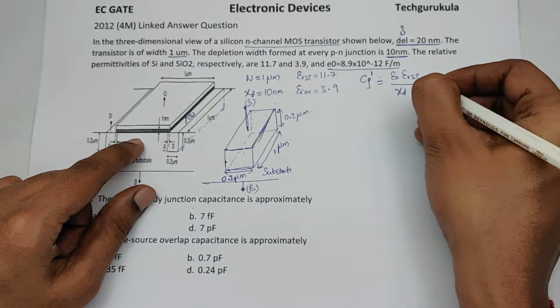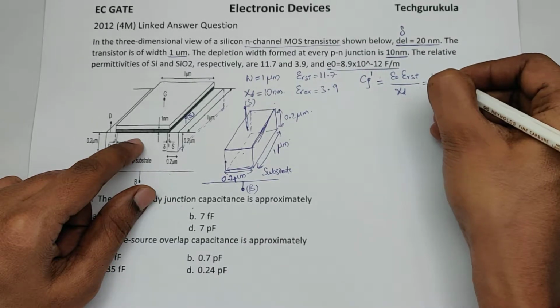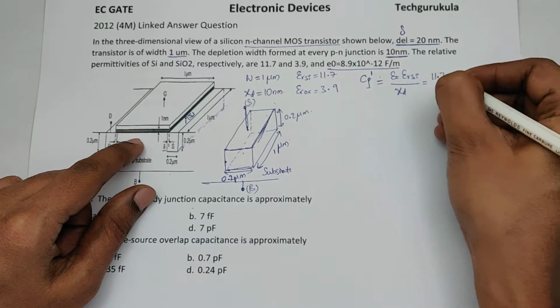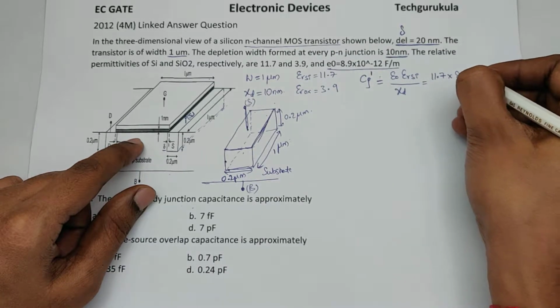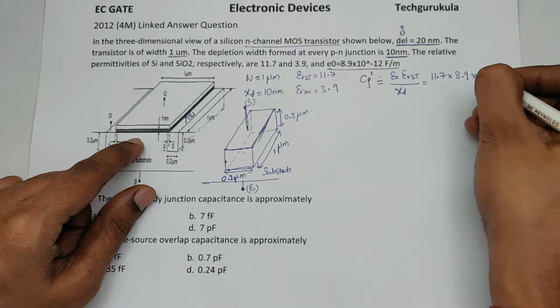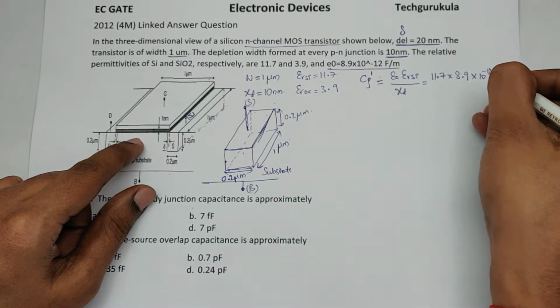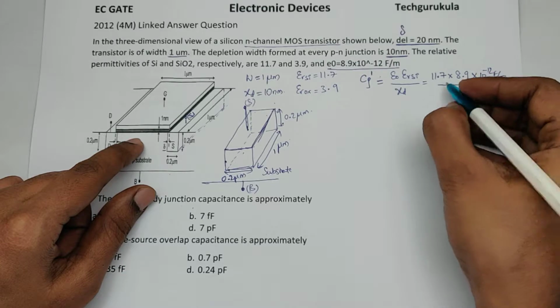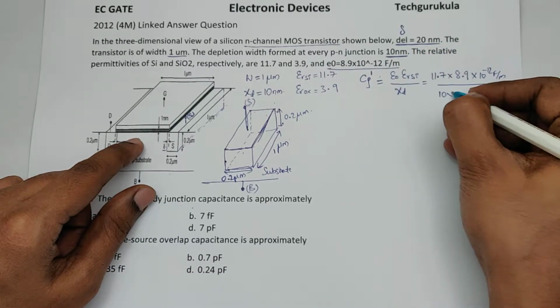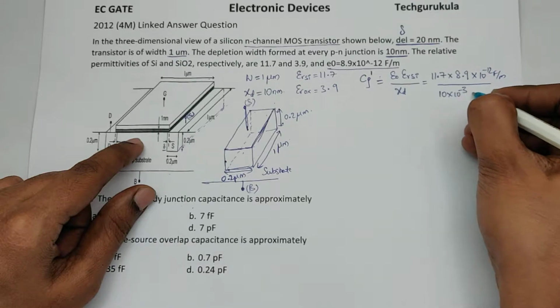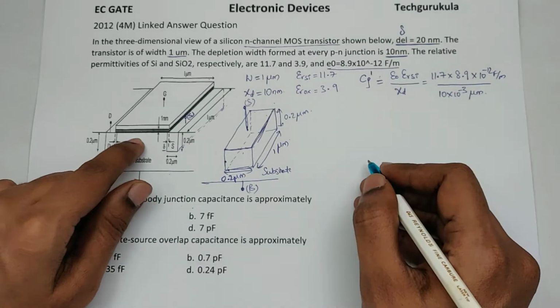So this is XD, which is given by epsilon R is 11.7 times epsilon naught is 8.9 times 10 power minus 12 farad per meters divided by 10 nanometers. I am going to write this in micrometers, so it becomes 10 power minus 3 micrometers.